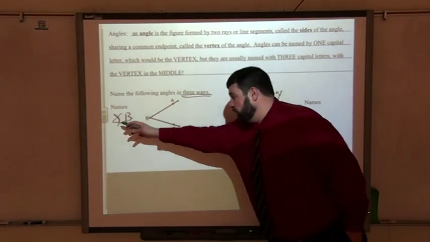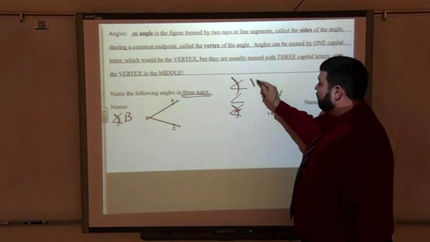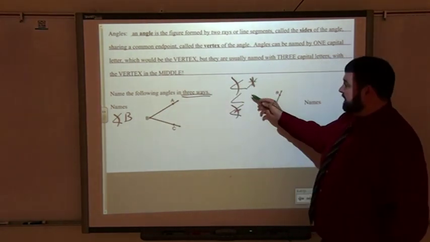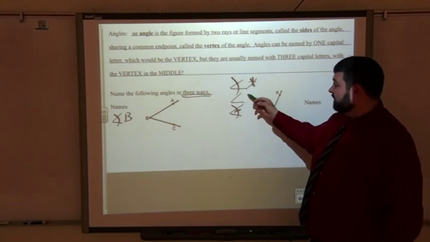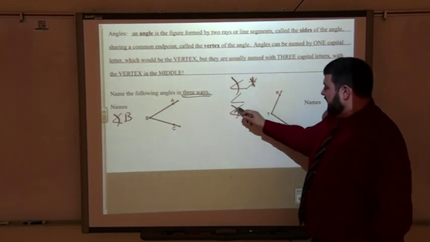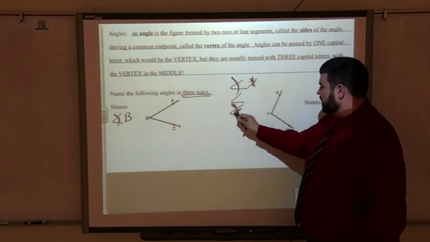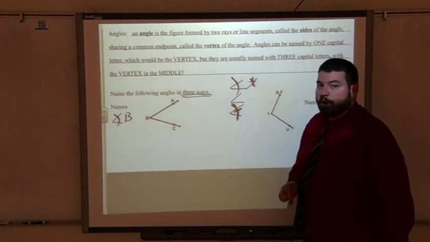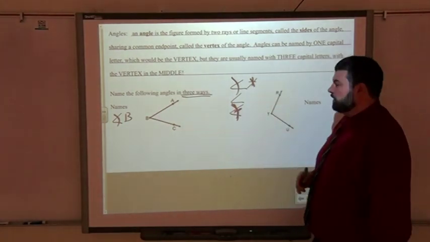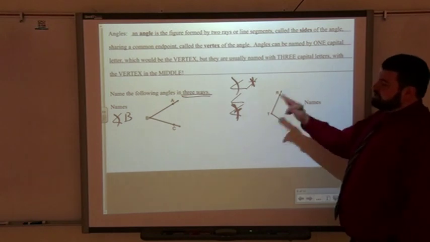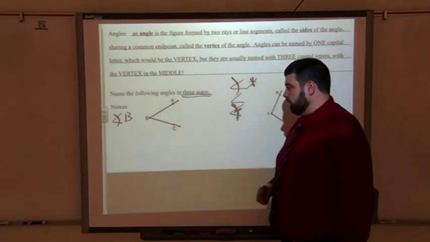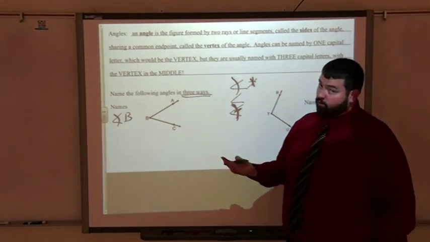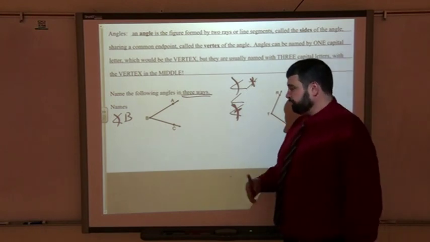It means angle B. Again, I will always use this one because if I get in a hurry, sometimes that can look like the letter L for me. And this one, I just don't care to use, but I at least want you to know that it's there in case it shows up somewhere. So I'm asking you to name this angle in three ways. So angle B is a perfectly valid way to name this for right now.